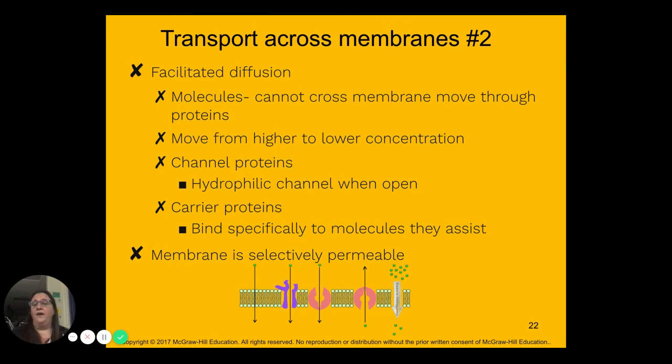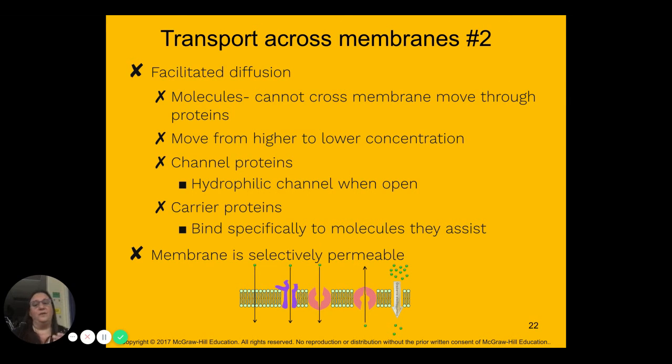So we have facilitated diffusion, which is a type of diffusion that's a little bit helped. If you're facilitating somebody or something, you're helping to lead this process. So facilitated diffusion happens when you have molecules that can't cross the membrane, and they're going to move through proteins that are embedded in the membrane.